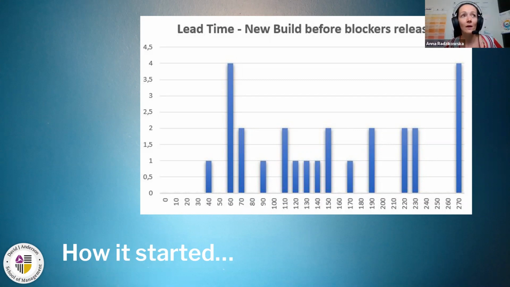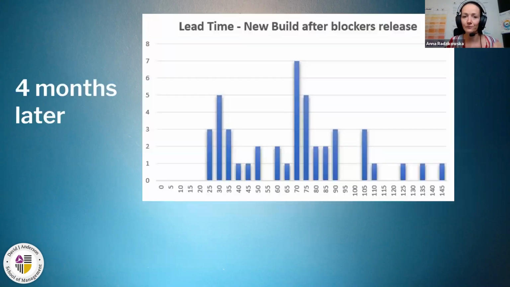So this is how it started. And the benefit for us was that from day one, we really started to collect data. Although at some point, it looked like it made no sense to collect this data, we continued to do it. And it really paid off because after 7 months, when we were able to remove all of these blockers and finally start delivering, this is how our lead time started to look.